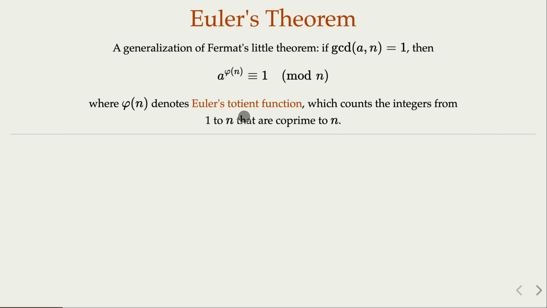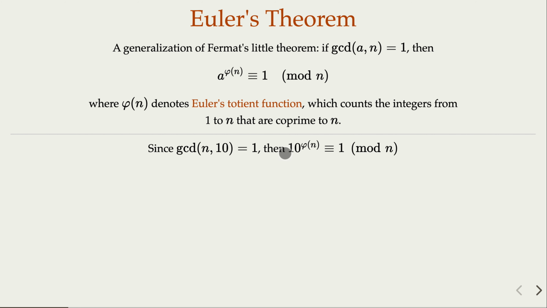So in our case, we're looking for 10 raised to some power congruent to 1 mod n. In the case where we have a pure recurrent decimal, n and 10 are co-prime, so 10 would be the number a here.